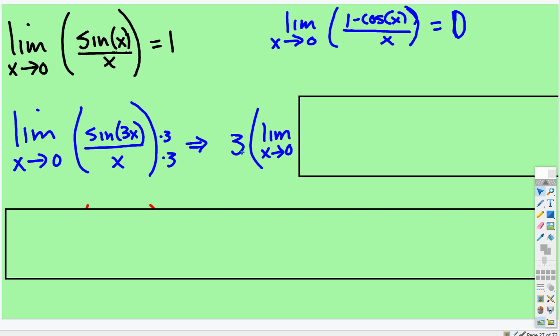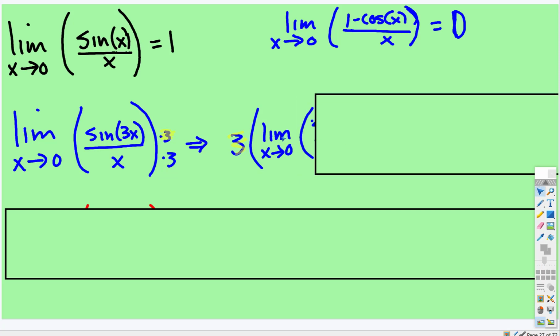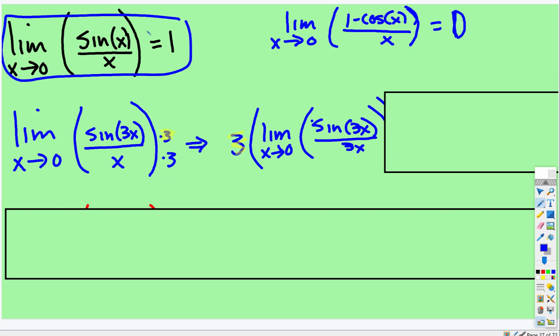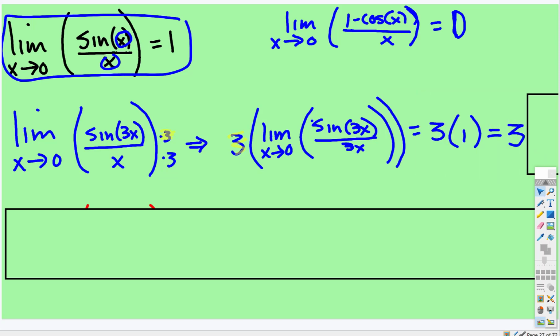So we can say this 3 right here that's being multiplied by the limit, we can bring to the outside and rewrite it as the limit as x approaches 0, sine of 3x over 3x. Well, remember this rule, as long as these two are the same, that limit is going to equal 1. So now what you're going to have is 3 times 1, which is 3.